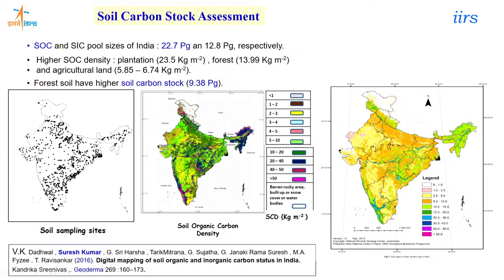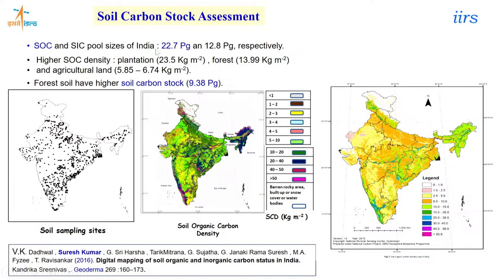We have taken the soil samples, these are the sampling points, around 2000 samples we have taken in the entire country, and using machine learning techniques, we map the distribution of organic carbon and inorganic carbon. How much stock is there?